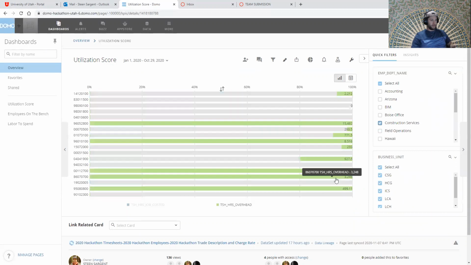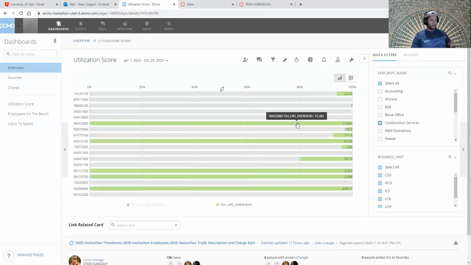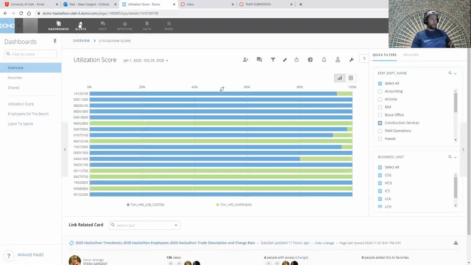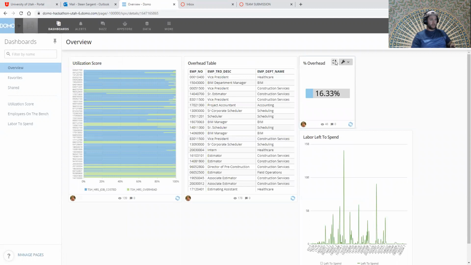And in some cases where they don't necessarily have a ton to allocate, they're probably still doing fine based off of the metrics.